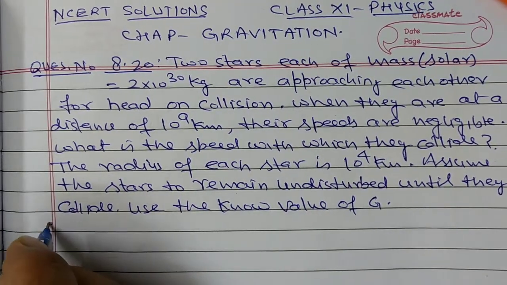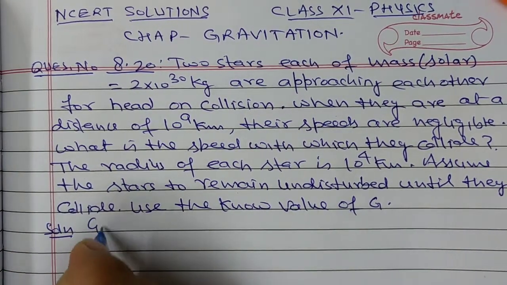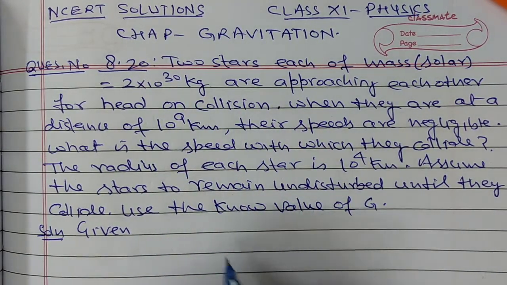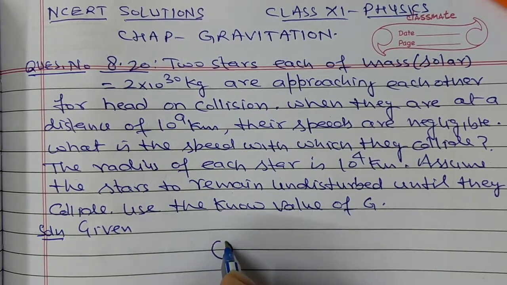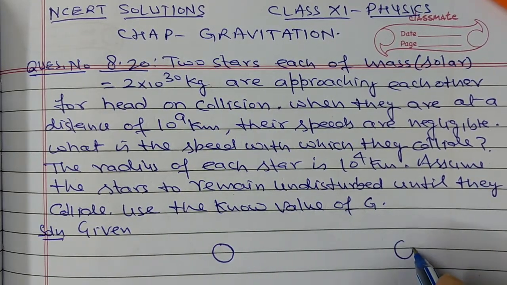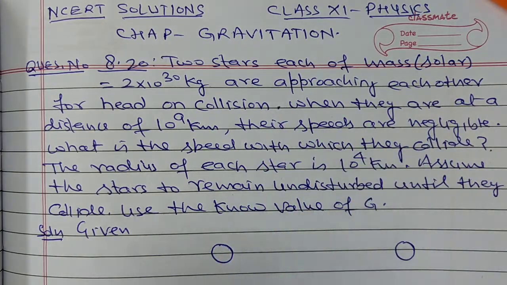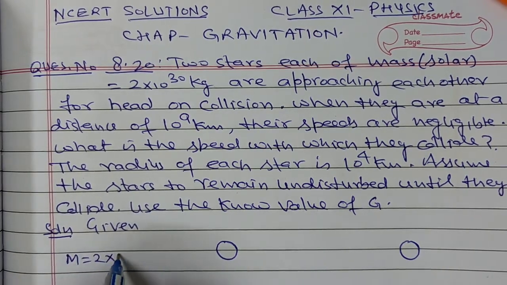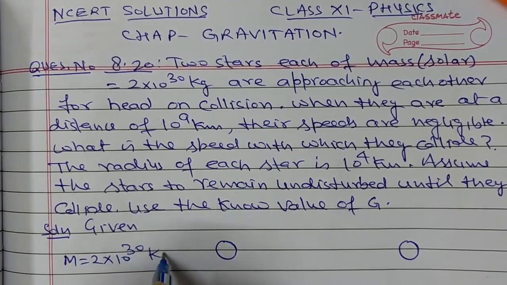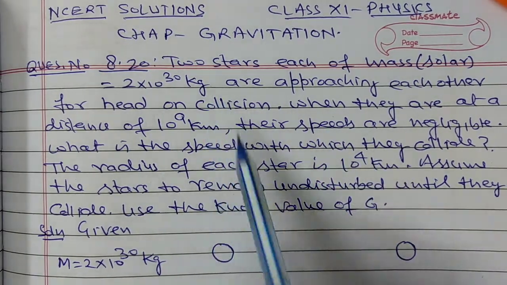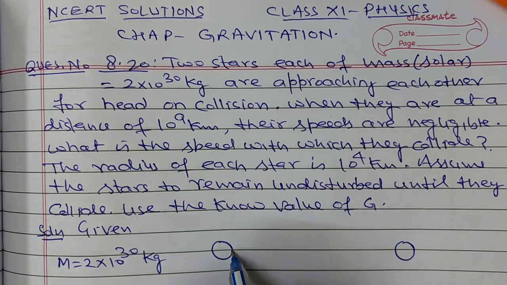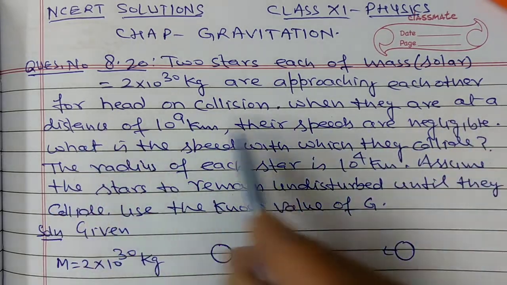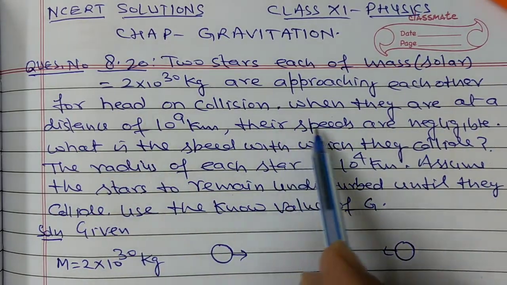In this question, given that two stars, initially, this first star and this second star, each of solar mass m is equal to 2 into 10 to the power 30 kg, and these two stars are approaching each other, but their initial speeds are negligible.